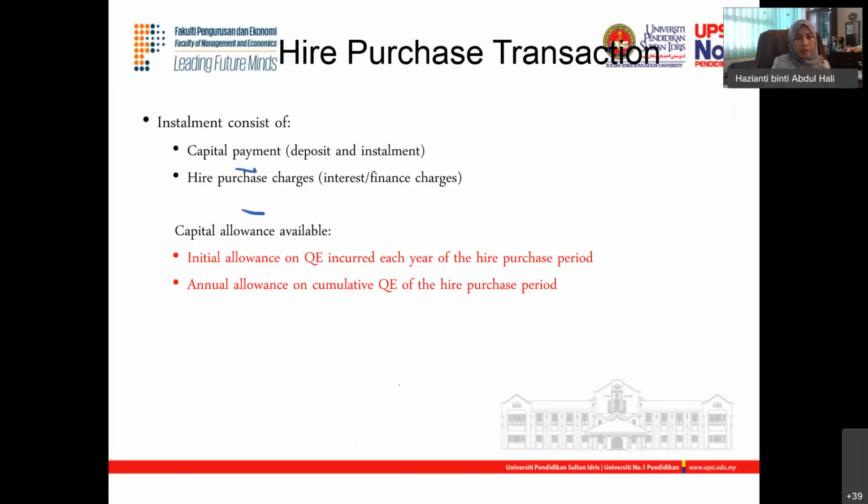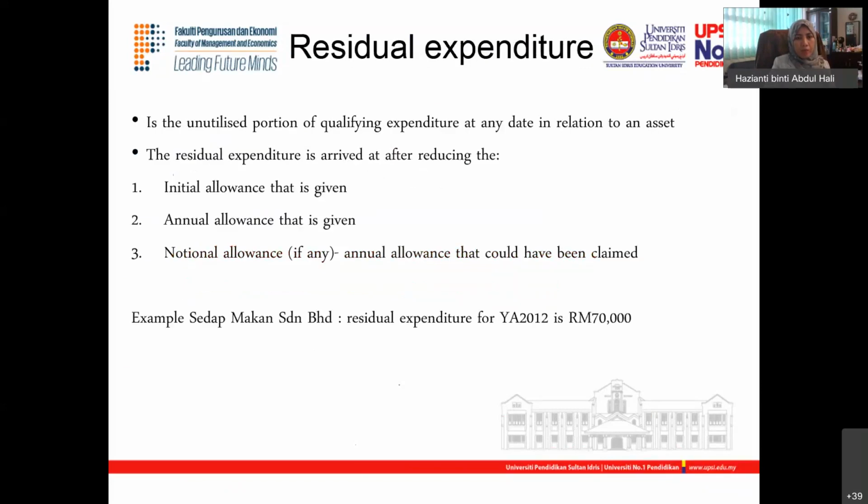Hire purchase ni should we do hire purchase ke tak payah? Current manufacturing ada hire purchase tak?